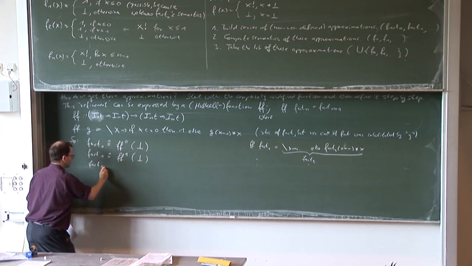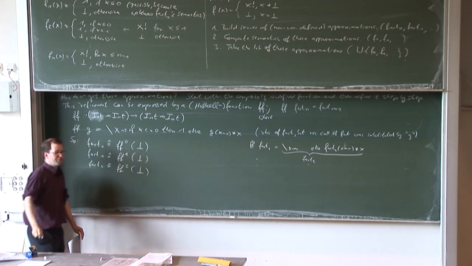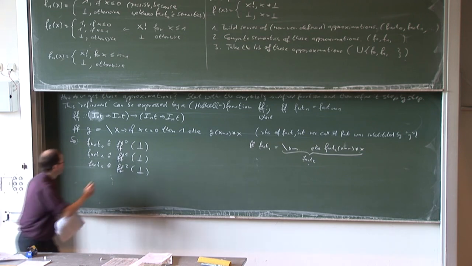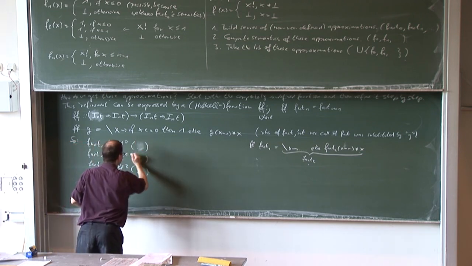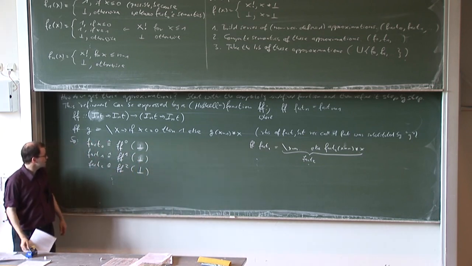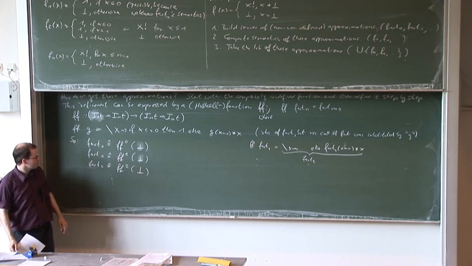Fact 2 corresponds to ff applied 2 times to the completely undefined function, and so on. This is a bit of a mixture between syntax and semantics, therefore I didn't write equal, but corresponds to.